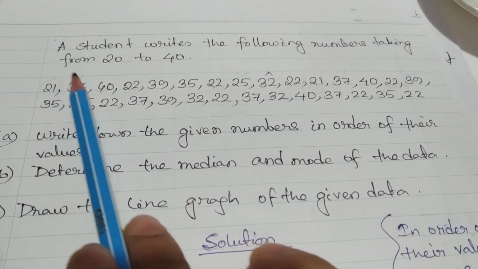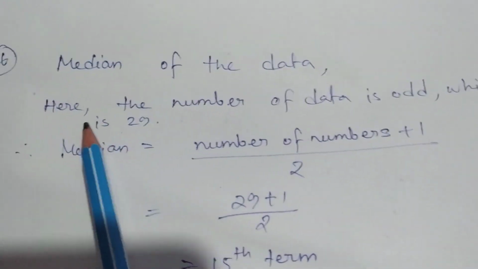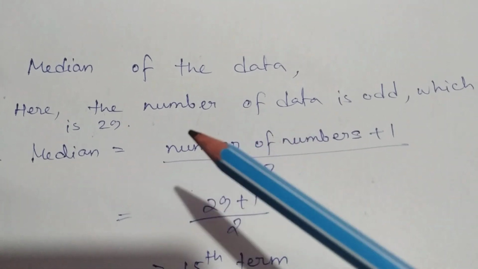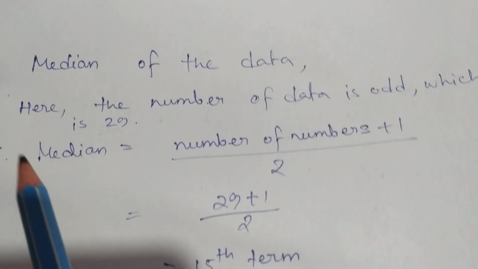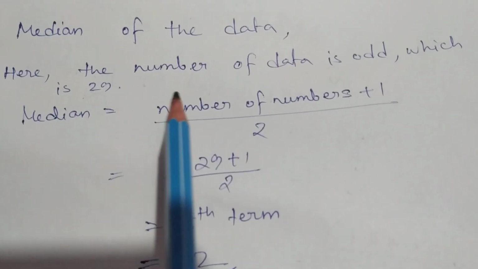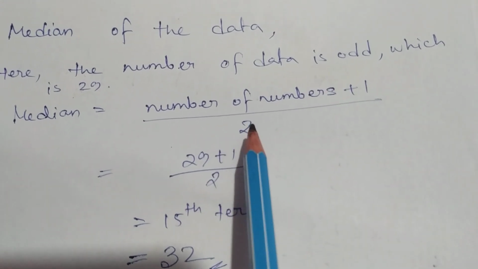If you count the number of data over here, you can find it as 29. So the number of data is odd. We know what is odd and even number, right? So since the number of data is odd, that is 29, there is a formula for finding out the median. Median equals the number of numbers plus 1 divided by 2.